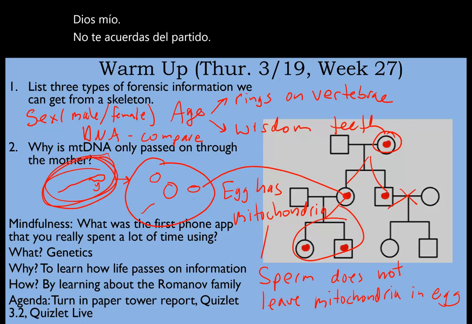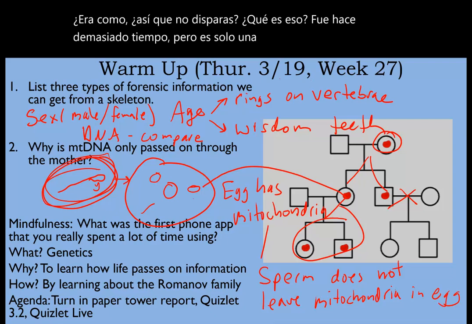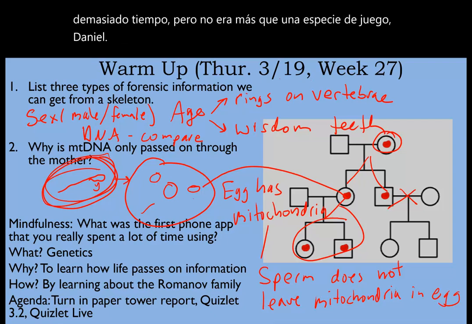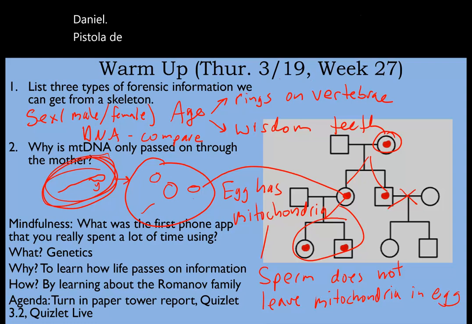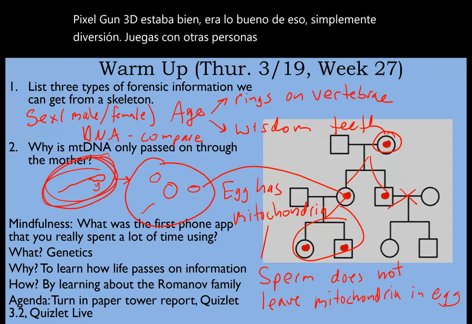Well, what was it about? It was too long ago, but it was just some kind of game. Daniel, what's yours? Pixel Gun 3D. All right, what was good about that? Just fun? You play with other people or by yourself? Other people, all right.